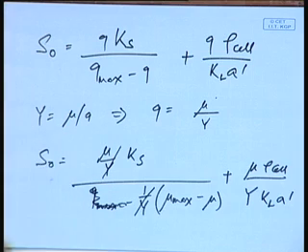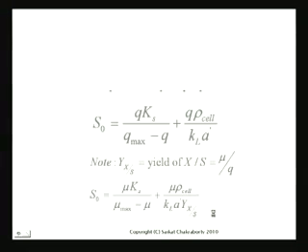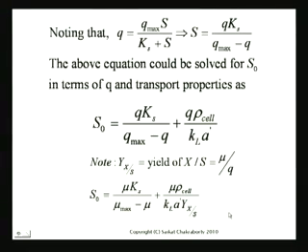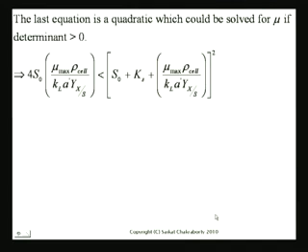Okay. So if I go back to the screen now, the last thing you see is exactly what I did just now. So mu Ks over mu max minus mu plus mu rho cell over kLa prime y. Right? Okay.